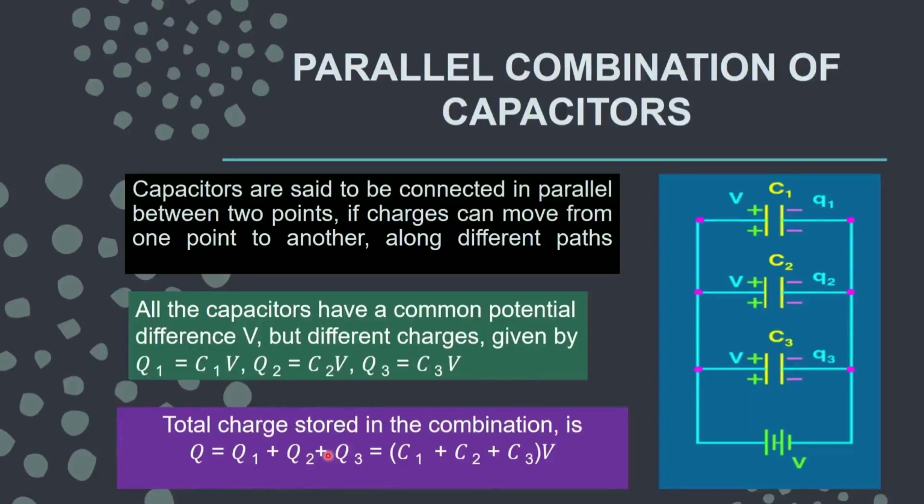Putting in the values for Q1, Q2, Q3, that equals C1 plus C2 plus C3 into V, where V is the potential difference applied across the ends of the capacitors, which is the same for all three.